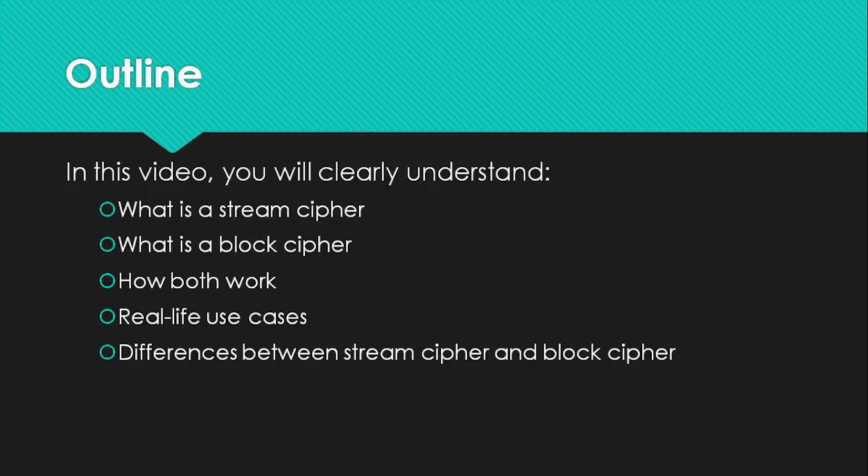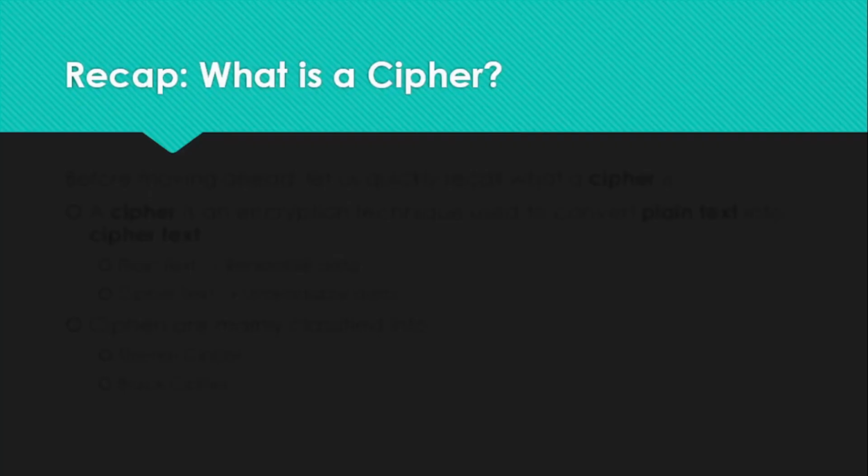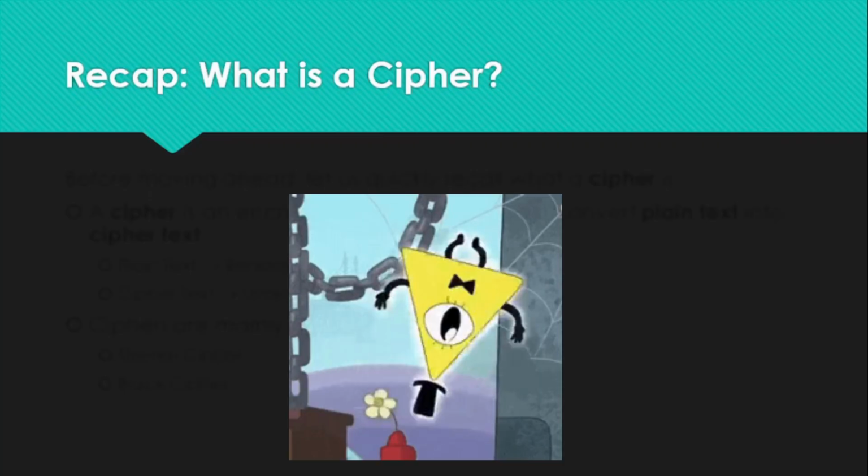This topic is not only important for the examinations but also for understanding how secure communications work in real life. So let's begin by first understanding what a cipher is.